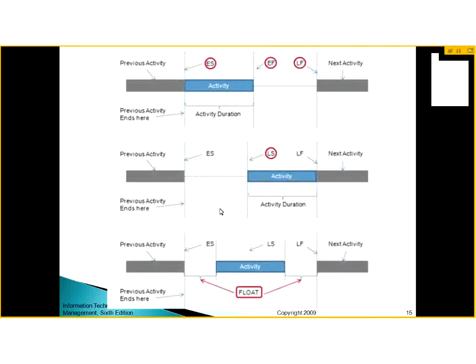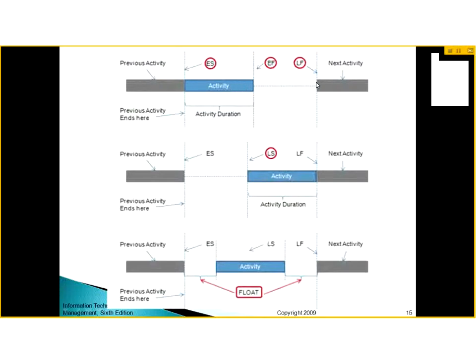For example, if you see this, now this is the previous activity, this is the current activity, this is the earliest start of this activity, this is the earliest finish, and this is the latest start and latest finish of this activity. So this is the duration of the activity. The blue rectangle is showing the duration of the activity. So this is the earliest start, this is the earliest finish, and this is the latest finish. So you can start this activity a little late as well.